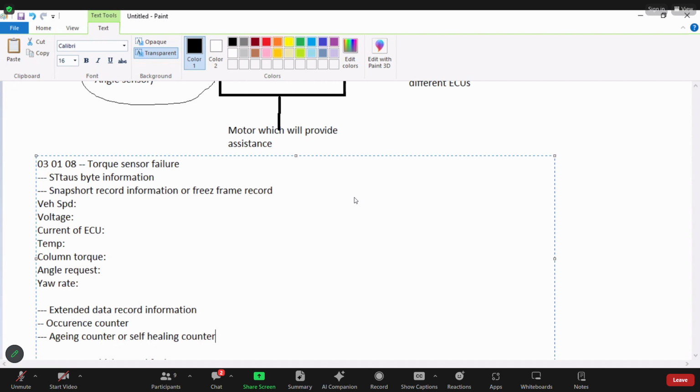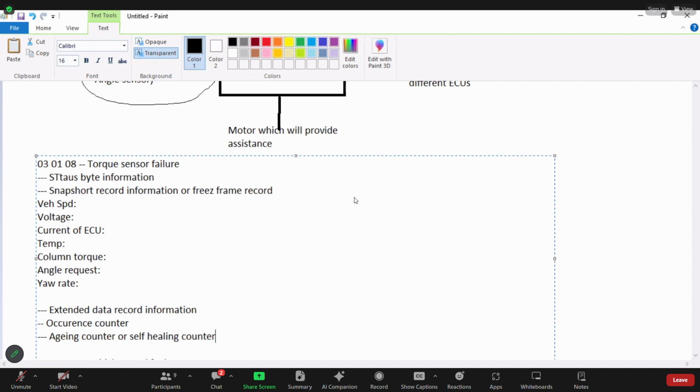So by seeing this occurrence counter, we'll come to know, let's say the low voltage fault happened only one time, and after that, for 1 month, it didn't happen. Is it required to go for servicing? Not required, right? One time it happened somehow. After that, it never happened.